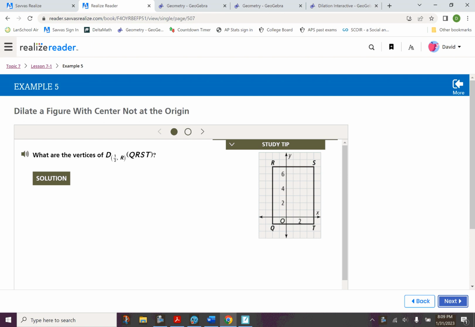No big deal. Segment RS is 1, 2, 3, 4, 5, 6 spaces long. Half of that would be 3 spaces. You always count from the center of the dilation, which in this case is point R. So we'll go in the direction of S, but stop at 3 spaces.